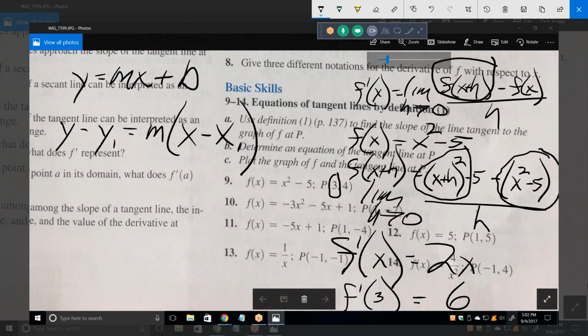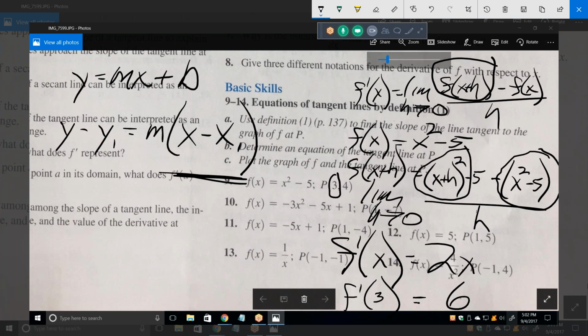Okay, the way to memorize this, divide both sides by that. What's slope equal to? Divide both sides by what I've underlined.